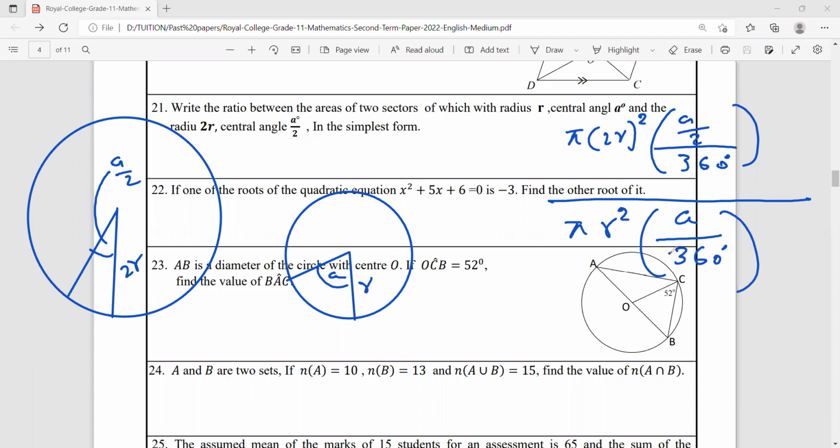So you can cancel out pi here, and you can cancel out 360 here, and you get something like this: 4r squared and 1 over 2 r squared.